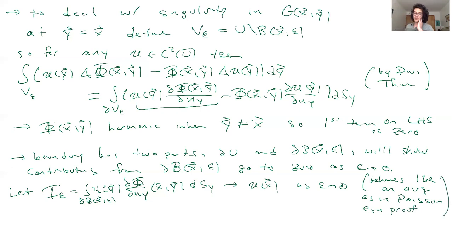If you go back to the proof that we did for the solution to the Poisson equation, you find that as we shrink this down, it's like you're averaging around the perimeter to get the average of u.